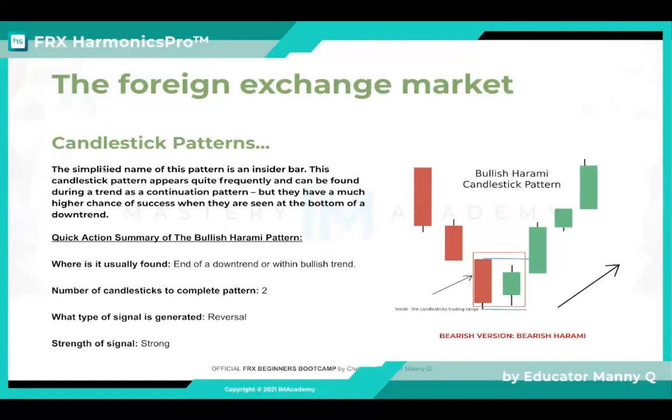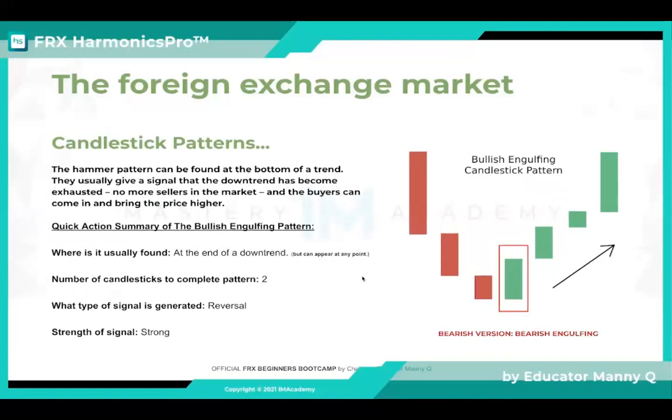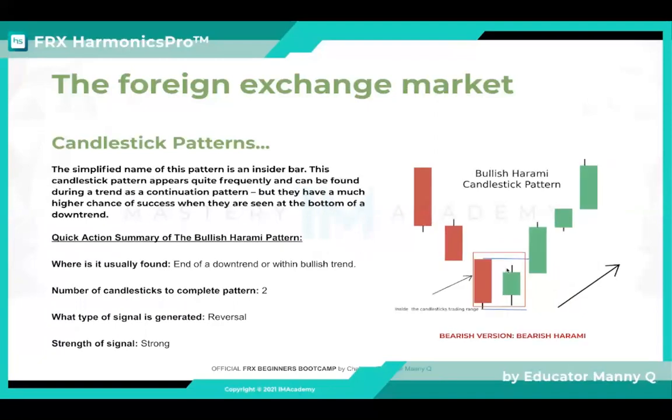Now, if you take a look at the previous slide over here, you can see that the bullish engulfing going up was completely larger than the previous candle. From the body to the wick, it is completely larger, completely overtaking the previous candle. That's a bullish engulfing. Whereas the harami is the inverse of the bullish engulfing.